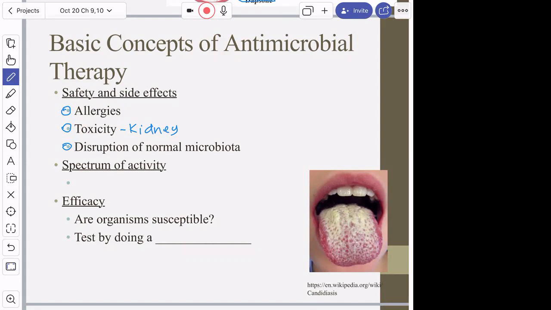In our mouth, for example, you have probably at least 200 different species of organism in your mouth right now. A little bit of this, a little bit of that. You probably got a little bit of fungus in there. If you went on an antibiotic that killed some of your variety of microbes and enabled the fungi to overgrow a little bit, then that can give you an infection known as thrush.